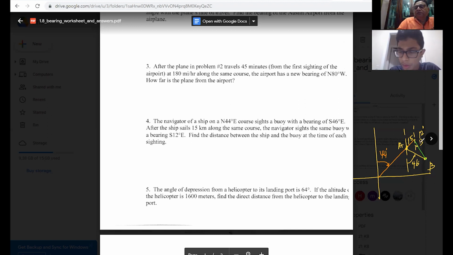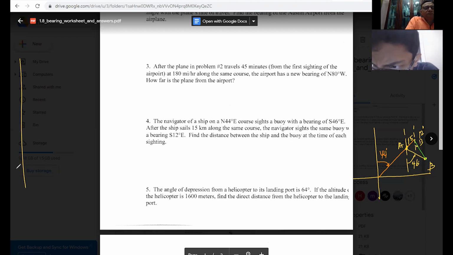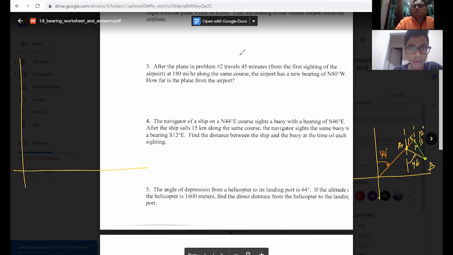So it is better if you draw a bigger diagram. It can help you, right? So can you do this? Yeah, it's good to draw a bigger diagram, that way we can see it better.